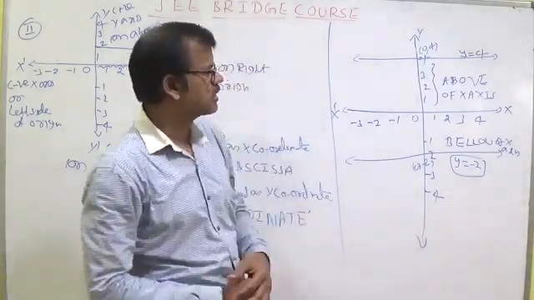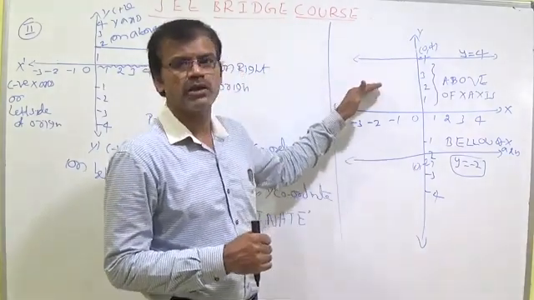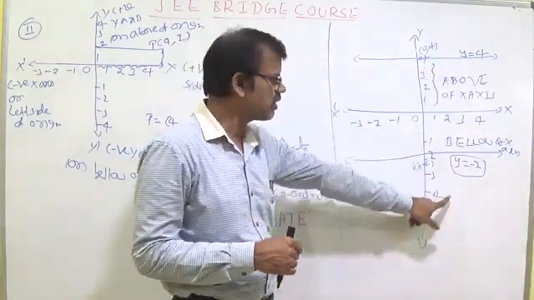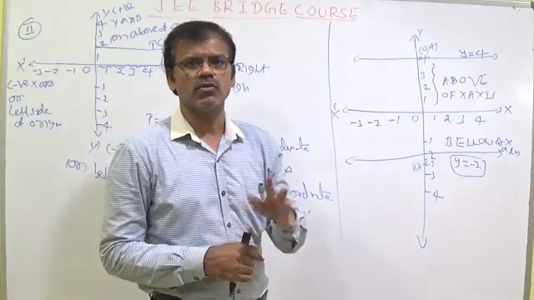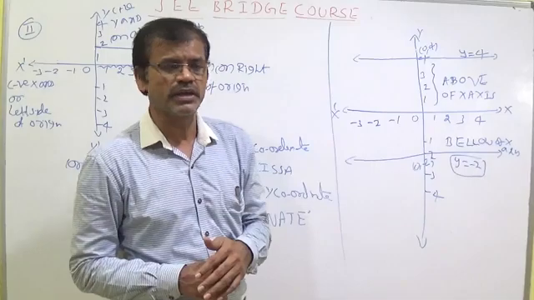Here you can understand that the equation of a line parallel to the x-axis is y is equal to k. Here y equal to 4 we got, y equal to -2 we got. Don't bother about the symbol, whether it is plus or minus, above or below. If you mention above, you put a plus symbol. If you mention below, you put a minus symbol.